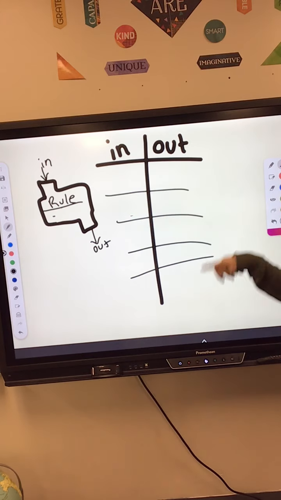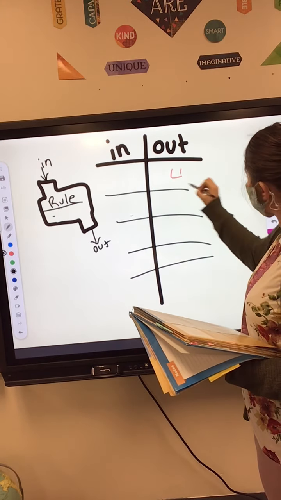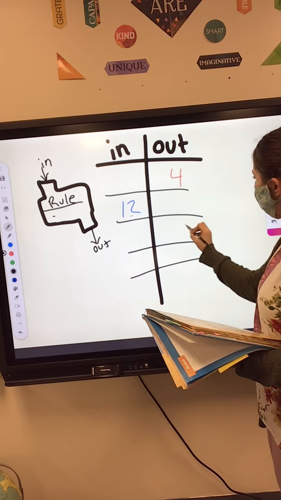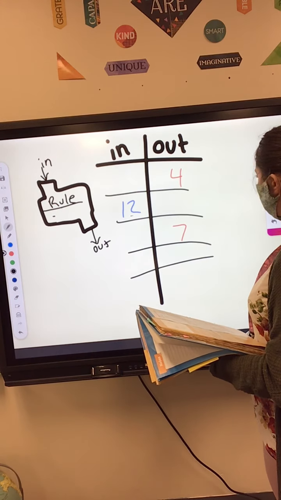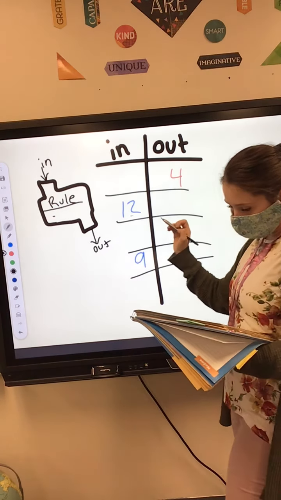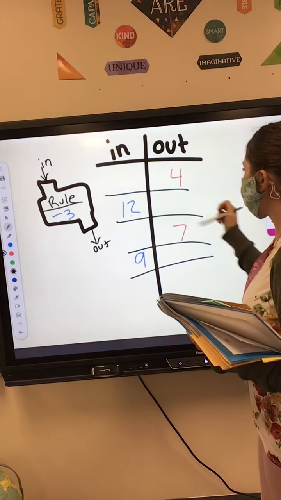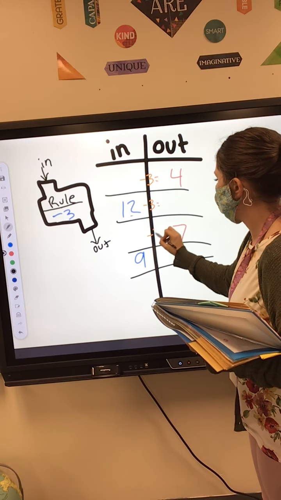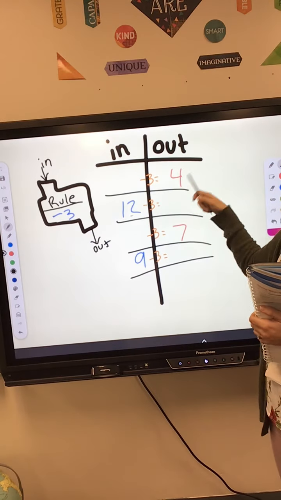Ooh, what if we got really tricky? What if we got really, really tricky? What if we did this? And I tell you that the rule is minus 3. Now remember, you can do this. Blank minus 3 equals 4.